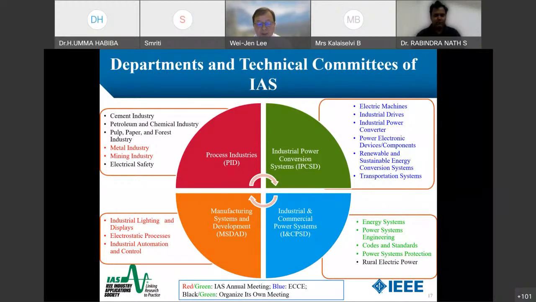So for the committees I highlighted in red and green, they attend the IAS annual meeting. For the blue one, they join the ECCE. The black and green all organize their own meetings. So you can see there's a lot of opportunity for you to publish your research work in the Industry Application Society.